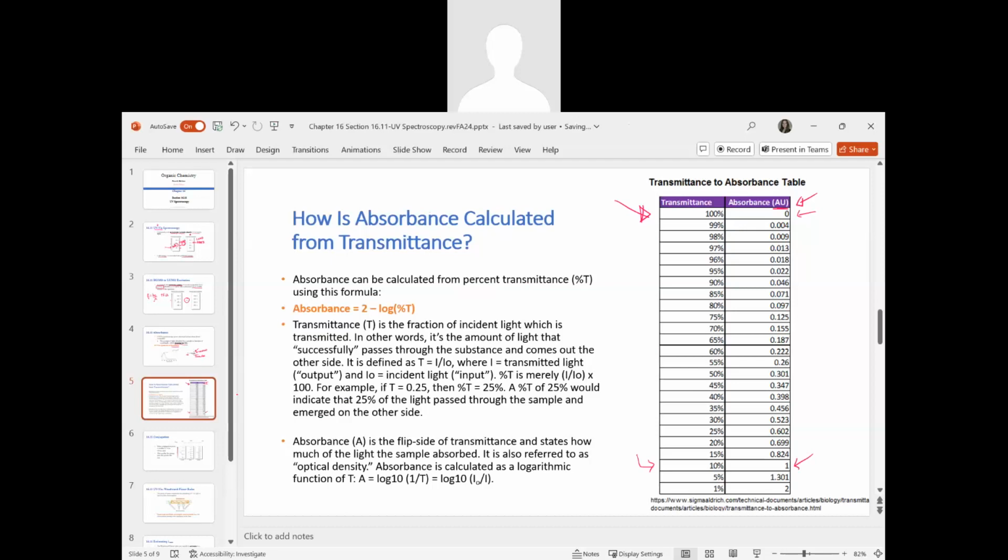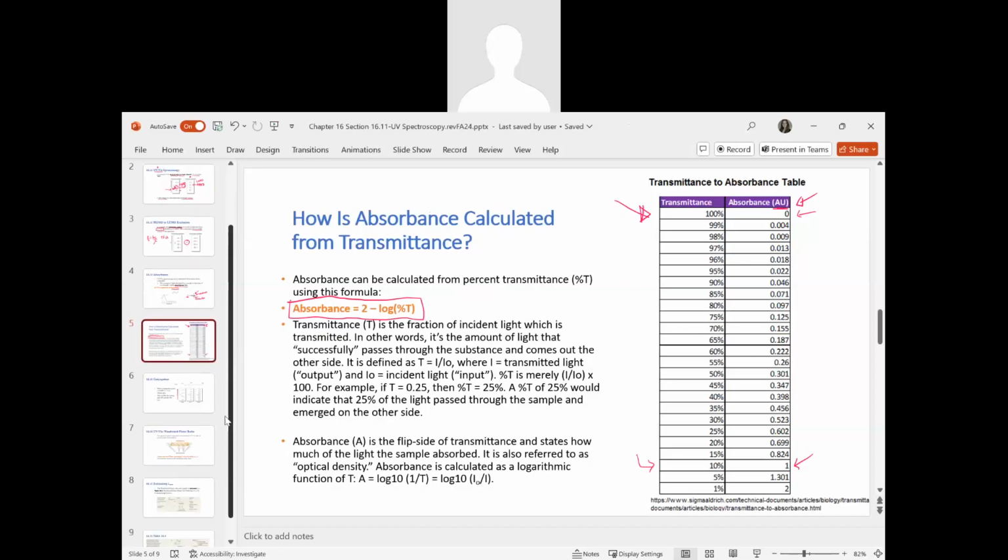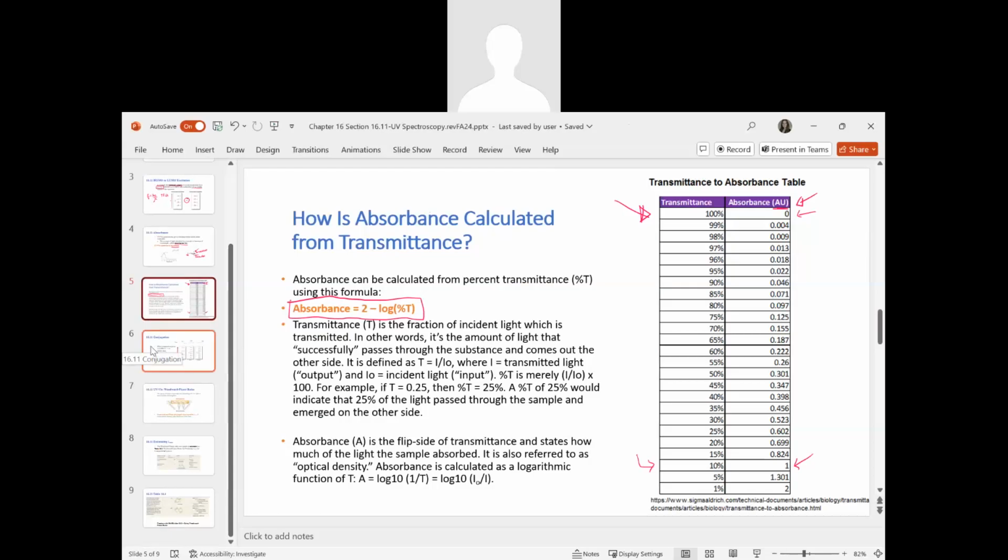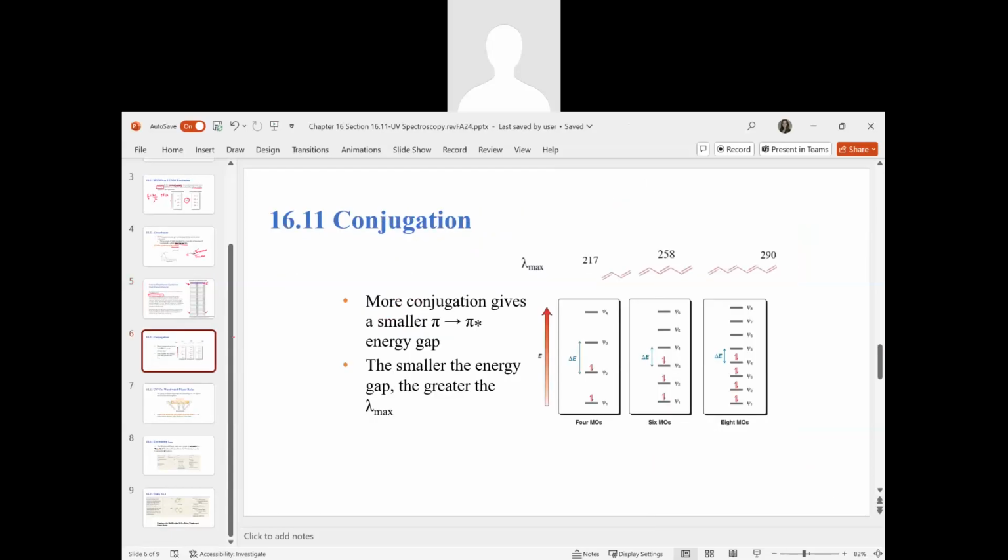If we plug into our equation that you can see over here, the absorbance value is going to be 2 minus the base 10 log of the percent transmittance. That would be the incident light divided by our transmittance value. You won't need to know how to do this calculation so much as just knowing the concepts behind it.